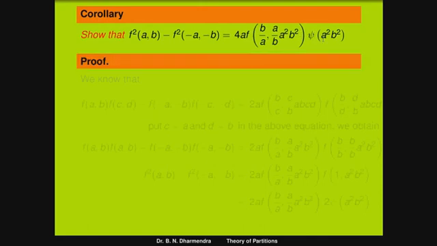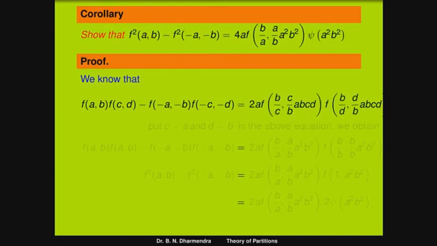We know the previous result, that is f(a,b) f(c,d) minus f(-a,-b) f(-c,-d) is equal to 2a times f(b/c, c/b) abcd into f(b/d, d/b) abcd.